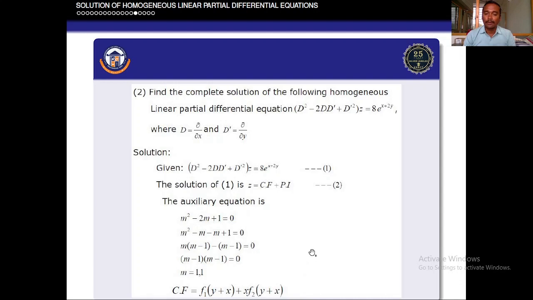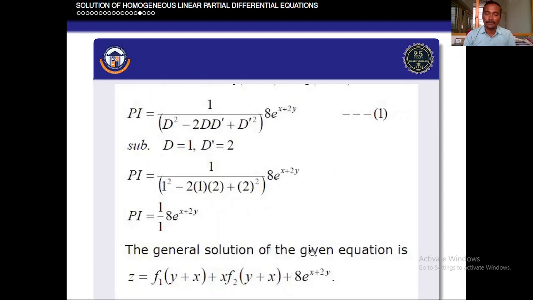Now move to the particular integral calculation. So particular integral equals 1 divided by f of D into 8 into e power x plus 2y. So this is in the form of an exponential function, this type 1 case. So in this case substitute D equal to x coefficient, that is D equal to 1, and D dash equal to y coefficient.